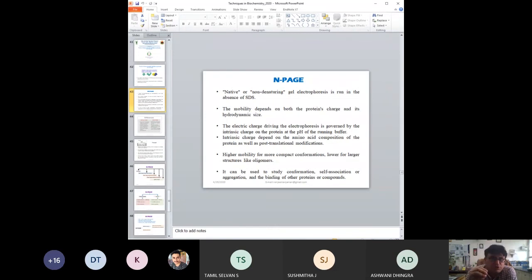It is also used to study the conformation of a specific enzyme, the self-association or aggregation of a particular enzyme, the binding of one protein with another, protein-protein interaction, or protein-ligand binding. All this information can be derived using different sub-techniques which have been modified and discovered under native phase.